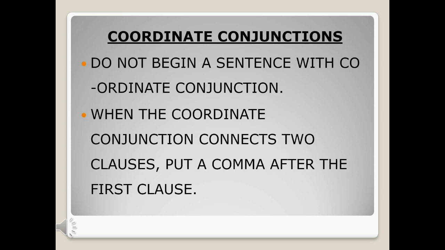Some points to remember in coordinate conjunctions. Number 1. Do not begin a sentence with a coordinate conjunction. It means that in English, we never start a sentence with any of the 7 coordinate conjunctions that we have studied.